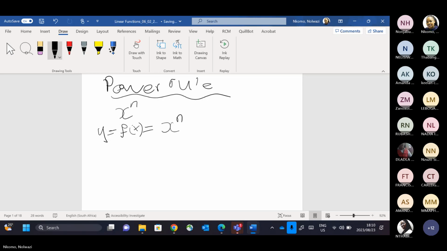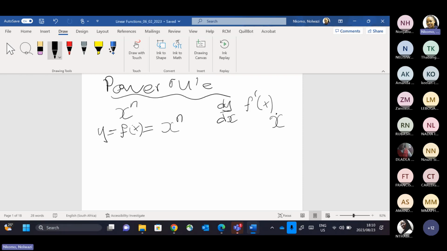Another thing you need to know is that the derivative is denoted by dy over dx, or they can say find f prime of x. This is the same thing.